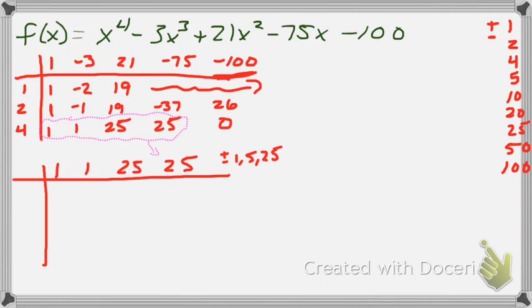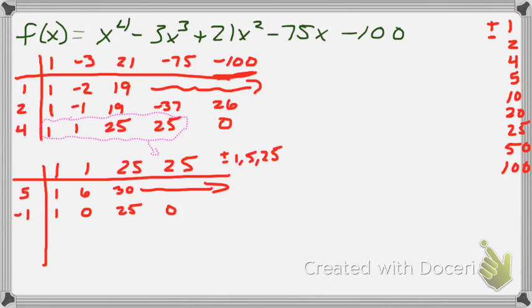I take my new factors of my constant, 1, 5, and 25. I don't have to check 1 because I already know it doesn't work. So I start with something different. 5 doesn't work. Negative 1 does. So far I have found that 4 works and negative 1 works.